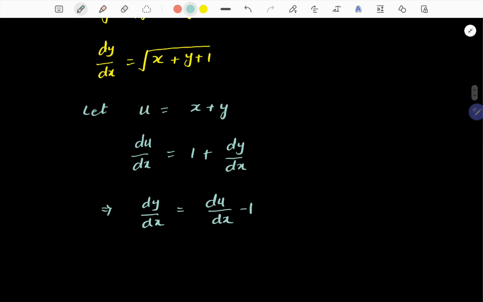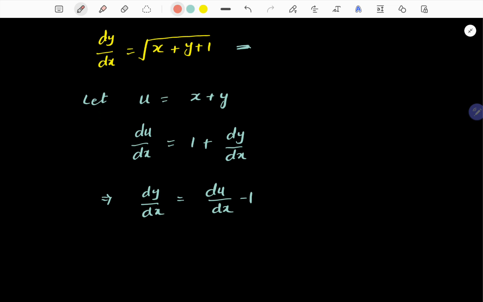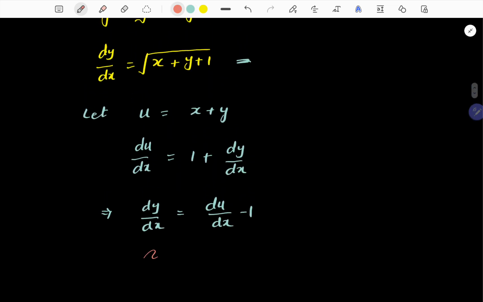So substituting the value of x plus y and dy/dx in this equation, after substitution we get du/dx minus 1 equals the square root of u plus 1.